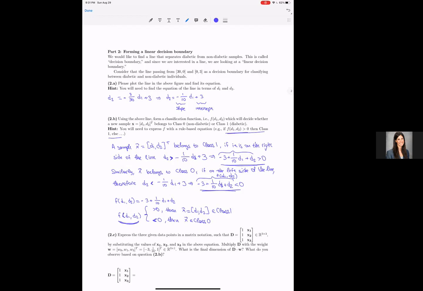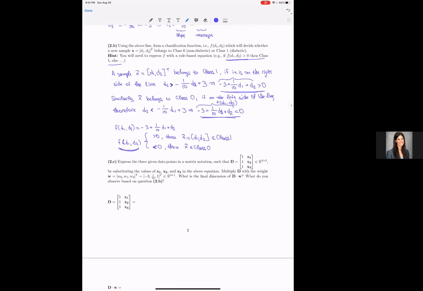So now, question 2c asks us to express the 3 given data points in a matrix notation, and we are being given this matrix B here. And we are simply set to substitute the values of x1, x2, and x3 in the above equation. So that's pretty simple.